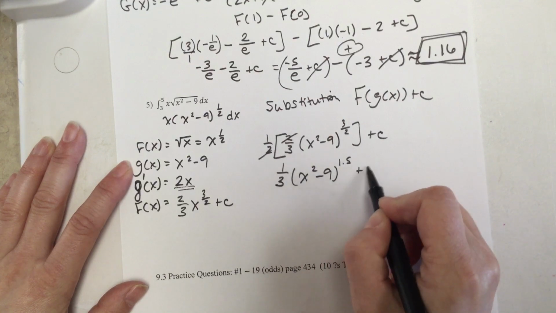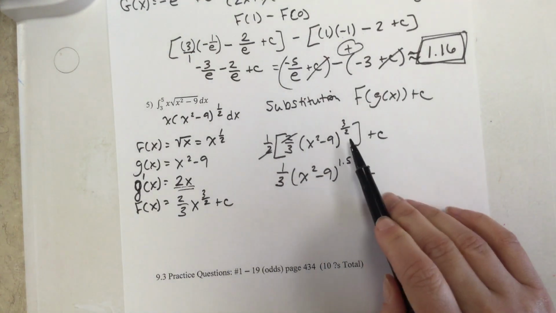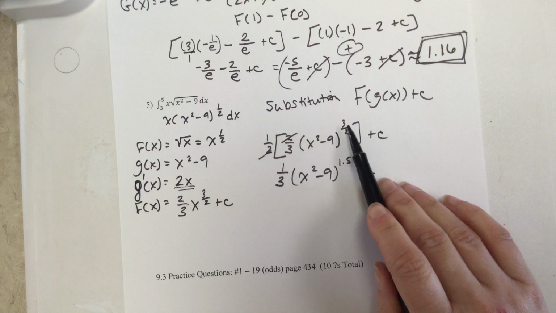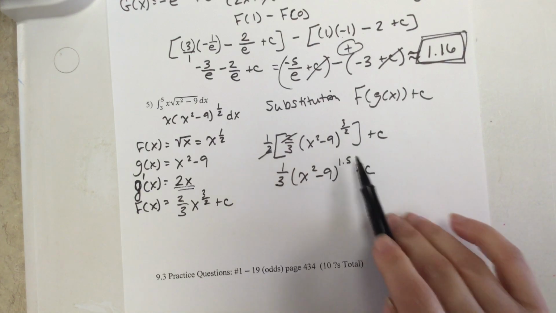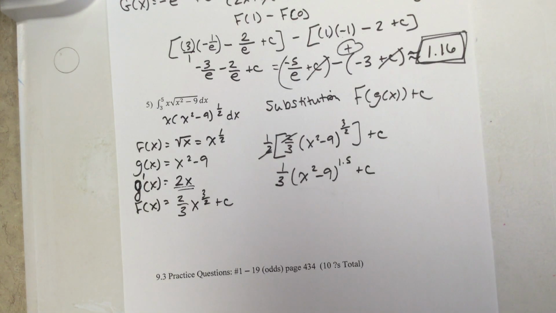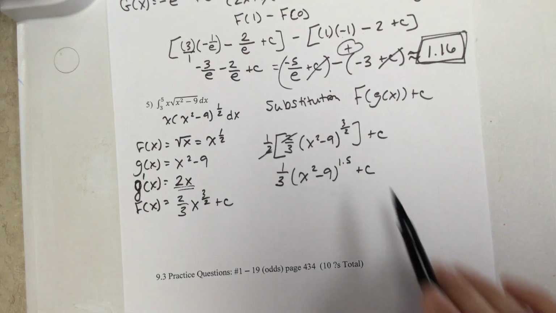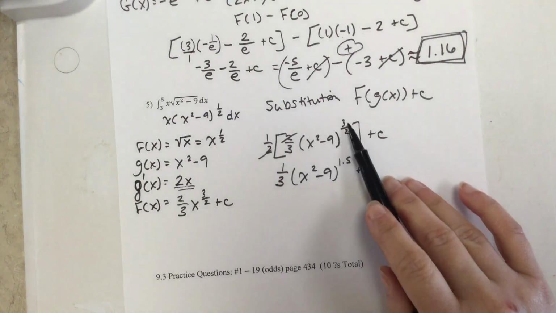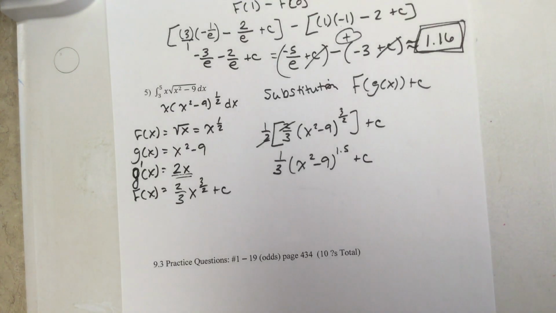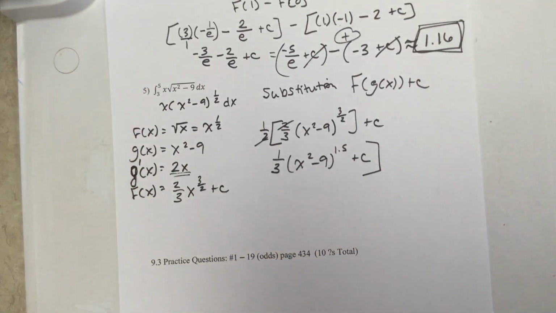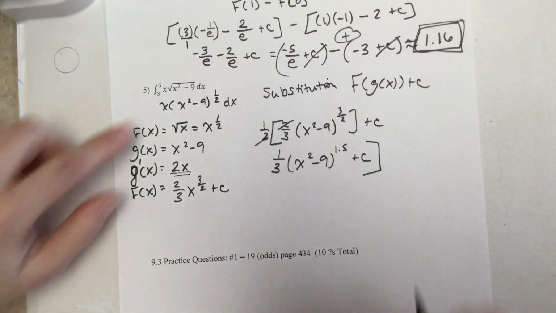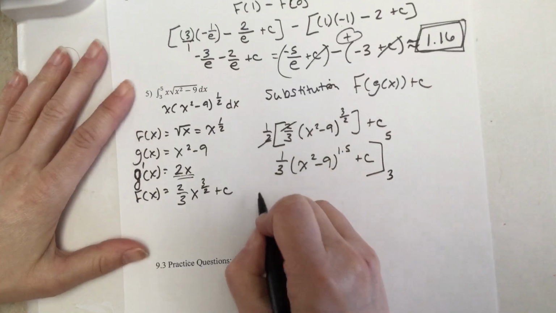Now I can picture some of your work right now. I would say 60% of you would jump from 3/2 and say, hey, that's 1.5. So just in your honor today, I'm going to do that, okay? We're going to jump from 3/2 to 1.5, okay? Then I can go ahead and do my fundamental theorem of calculus. We're going from 3 to 5.